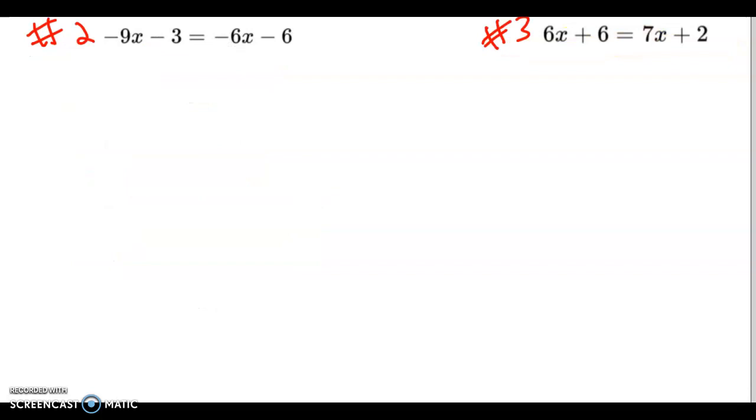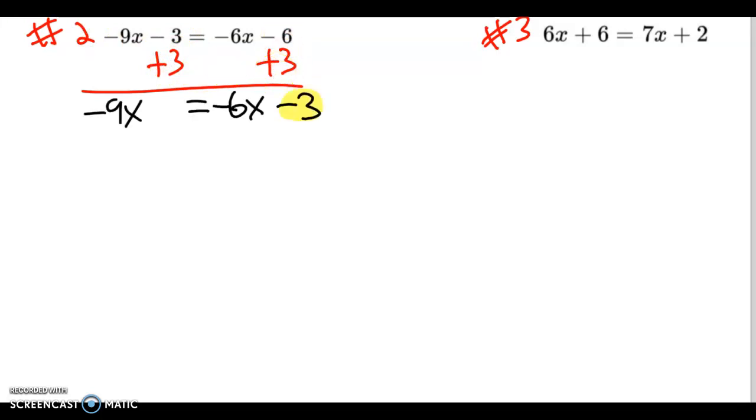On the second one, we're going to move the numbers to the right, letters to the left. So I'm going to add 3, always do the opposite, with this negative 6 over here. Negative 6, positive 3, different signs, find the difference. That's going to leave me with negative 3 on the right. Now I'm going to move the letters to the left. I'm going to do the opposite of subtracting 6x and add 6x on both sides.